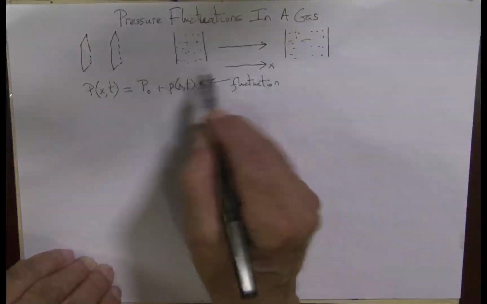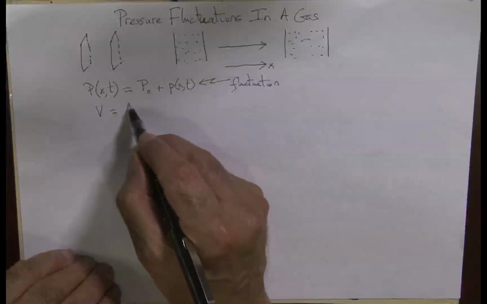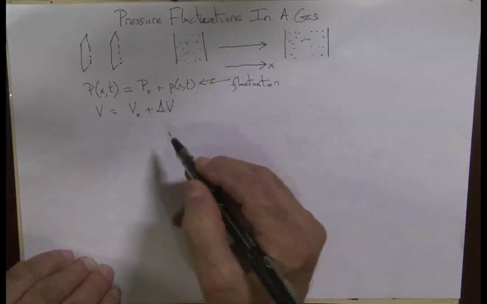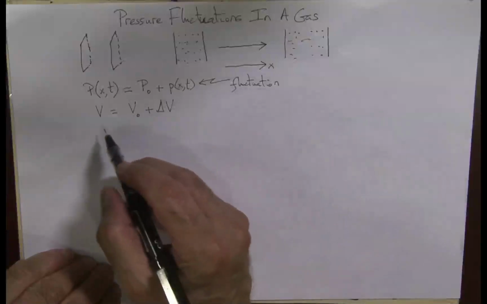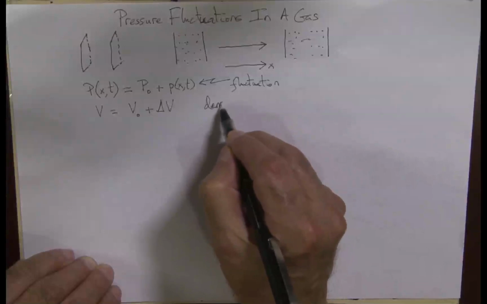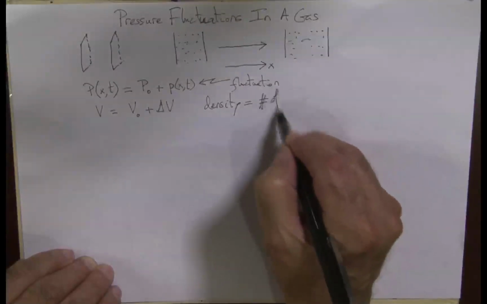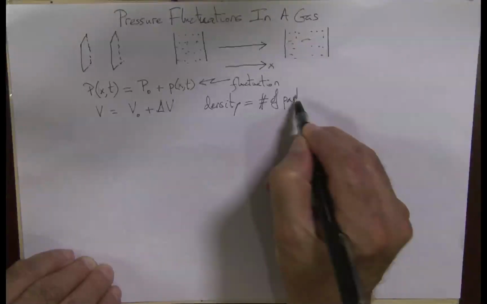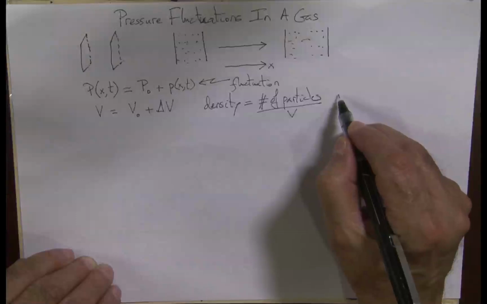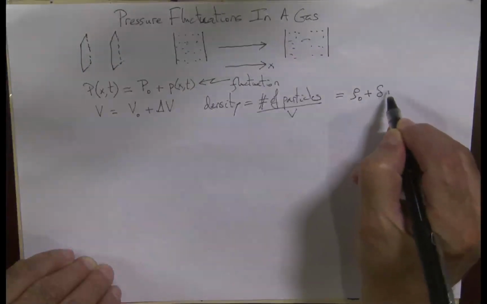Well, the volume has changed. So the volume has also changed a little bit, V0 plus delta V. And of course, the density has changed as well. So density, which is the number of particles per unit volume, N over V, that also has a steady component and a fluctuating component.